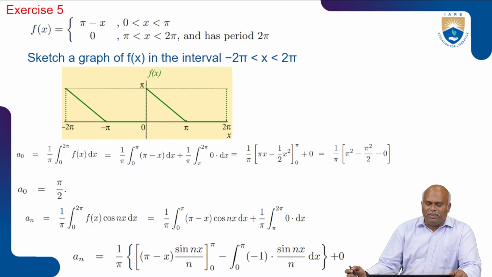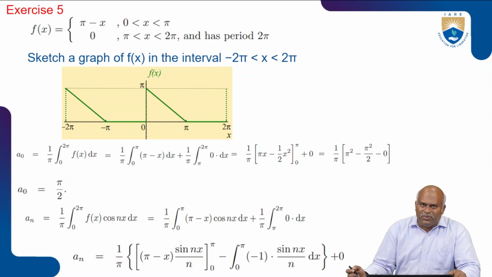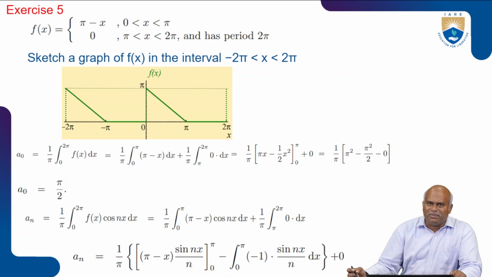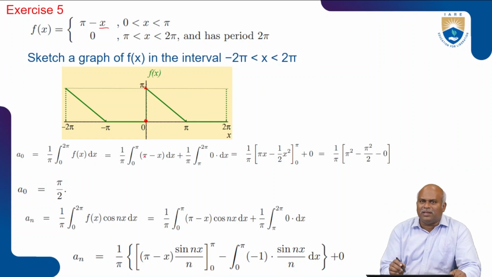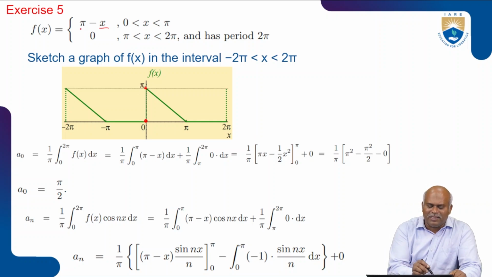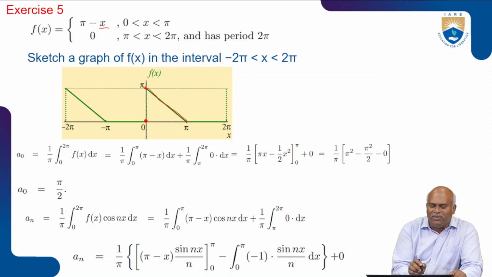First, from 0 to pi, the values are given by pi minus x. At x equal to 0 the value is maximum. As x increases, these values automatically reduce. That's why it is represented by a triangular ramp signal, up to pi.